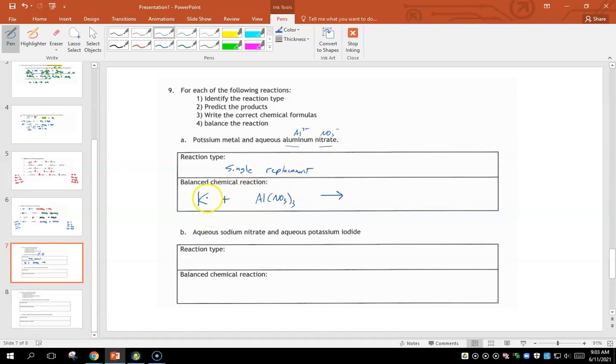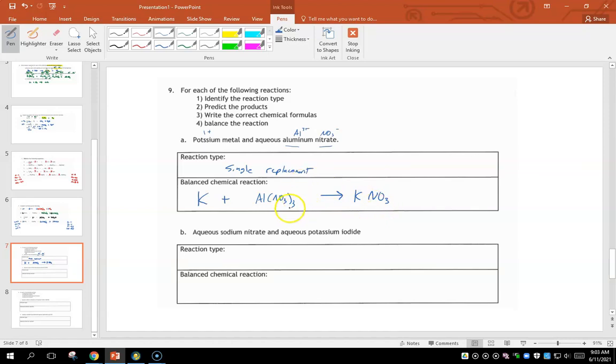Which means my cations are going to swap places. Potassium and aluminum will swap. Now, potassium being a 1 plus will replace aluminum. But when I write the formula, it's just going to be KNO3. And again, remember that 3 there is part of the nitrate compound, so 3 stays.